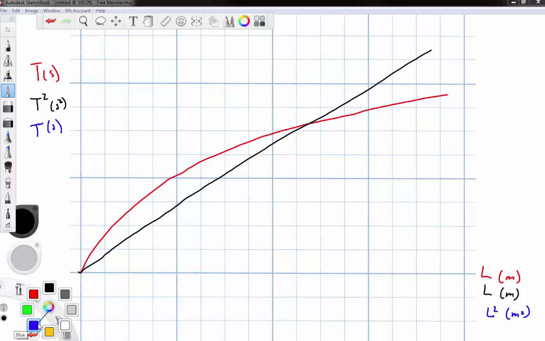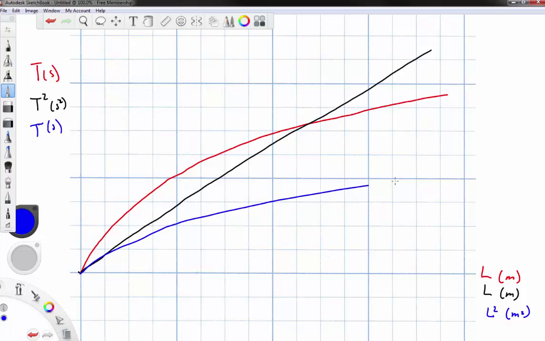The third one is basically a sideways thing to the fourth power, so it's going to curve more dramatically, like this. So of these, the one that's actually useful is the one that makes a line. And so once you have a line, the next step is that you find the slope of that line.